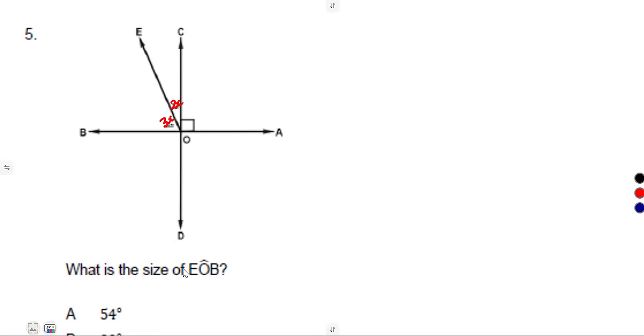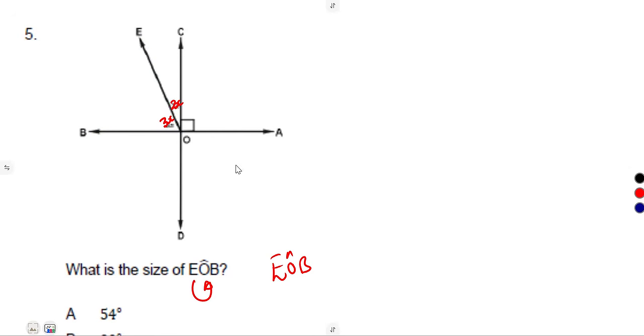All right, so they were given, what is the size of the angle EOB? Where is this one? This is the E, this is the O, and this is the B. So E to O to B, like this. That is the angle that we need.